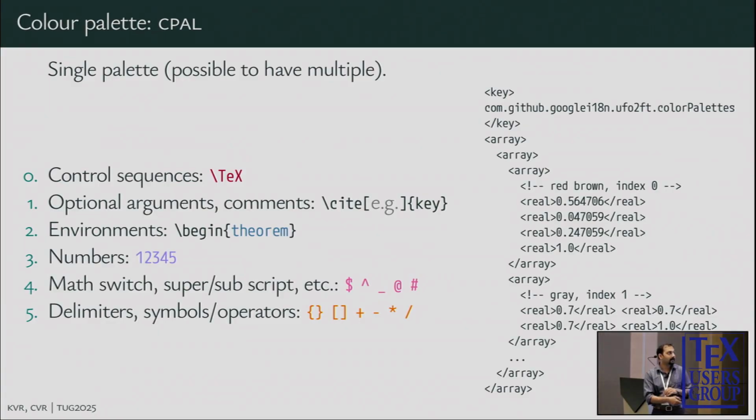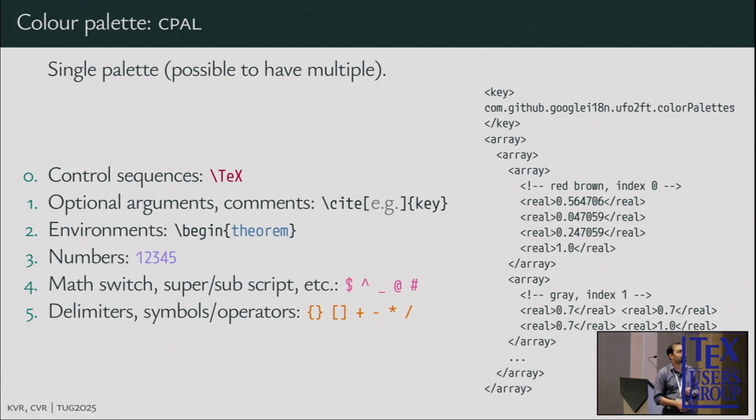It's an XML file, and you absolutely must have the key com.github.googlei18n.ufo2ft.colorPalettes. This is the Python library that does the heavy lifting of everything, right? And then how do you define the color palettes? Well, this is one color palette in this array where you can define several colors like I did.